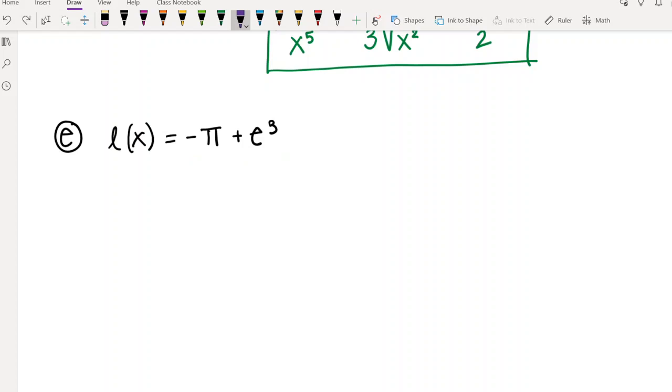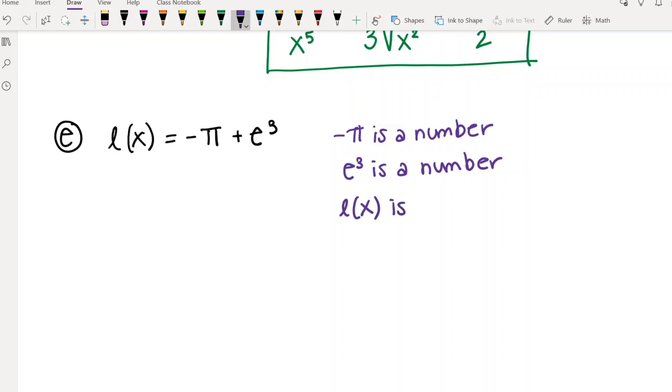So negative pi is a number. E cubed is a number. And so that tells us that L of x is a constant function.